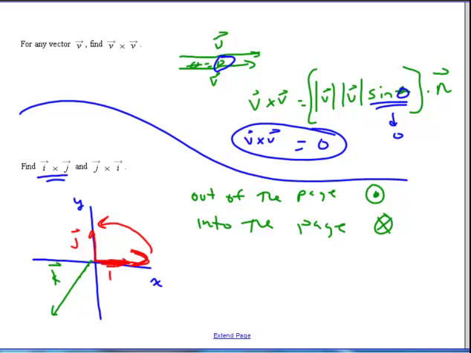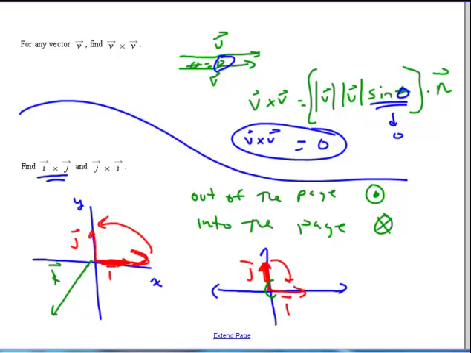So for j and i, we've got vector j and vector i. If you start with your right hand on j and you want to curl your fingers in the direction of i, what is required is that your thumb is going to point into the page.